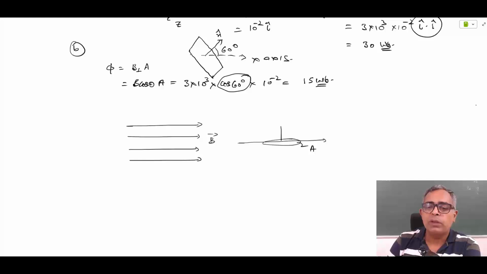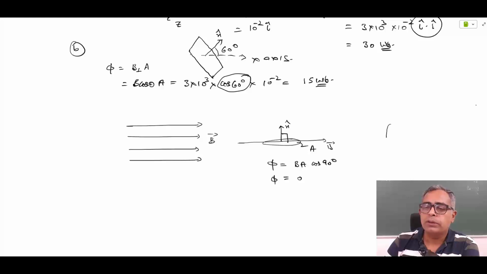So corresponding to that area, the normal is in this direction. So there is no component of magnetic field that we can associate in the direction of n cap. So in such a case, the flux would be B A cos of 90 degree, because the angle between the normal and the magnetic field is 90 degree. So we will say that flux will be 0 in such a situation.